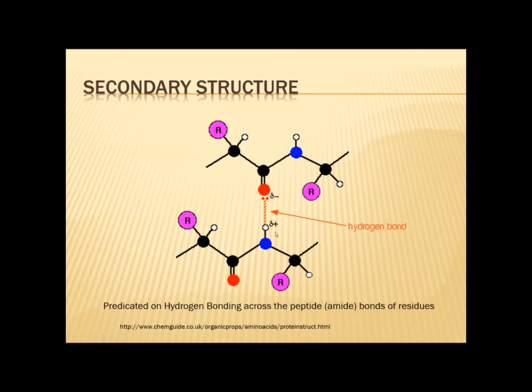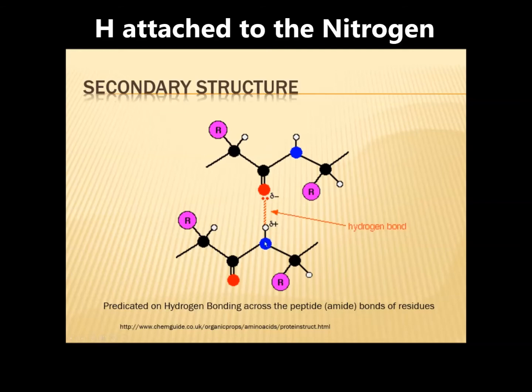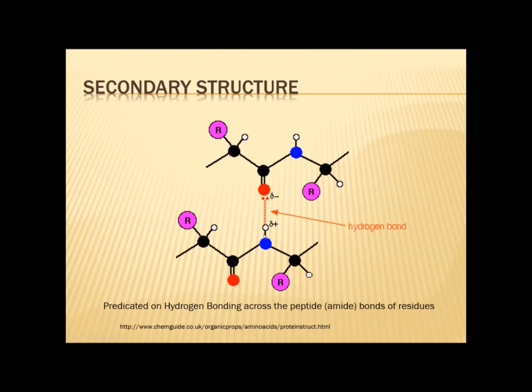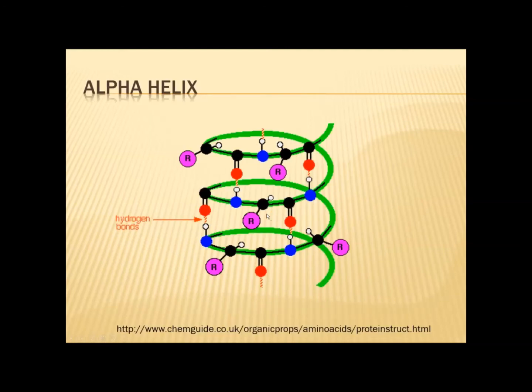The hydrogen bond is essentially between, think about it as CONH, so this is nitrogen, NH, the H of the nitrogen and the oxygen of the carboxylic group of the amino acid, and that's where the hydrogen bond takes place. And the strength of the hydrogen bond determines whether something is an alpha helix or a beta sheet.